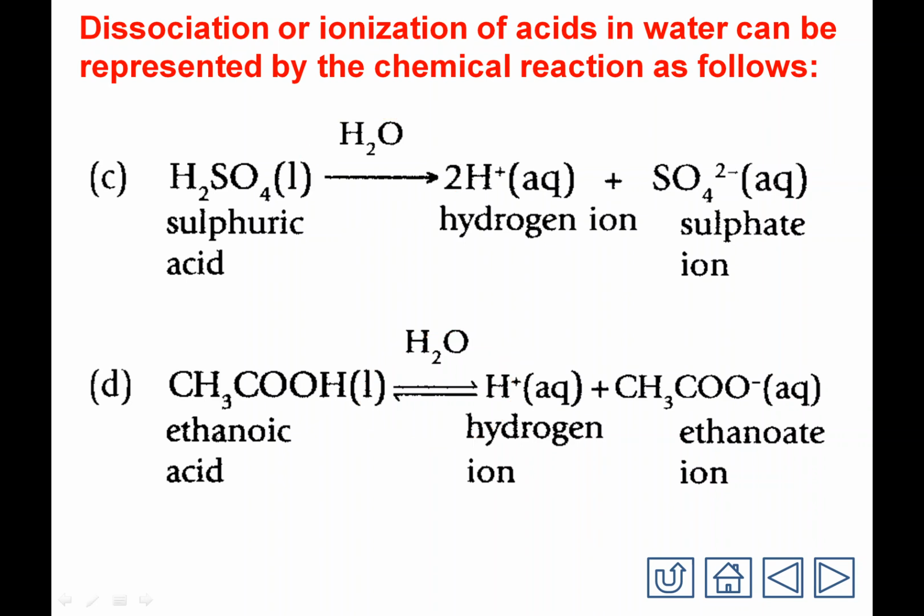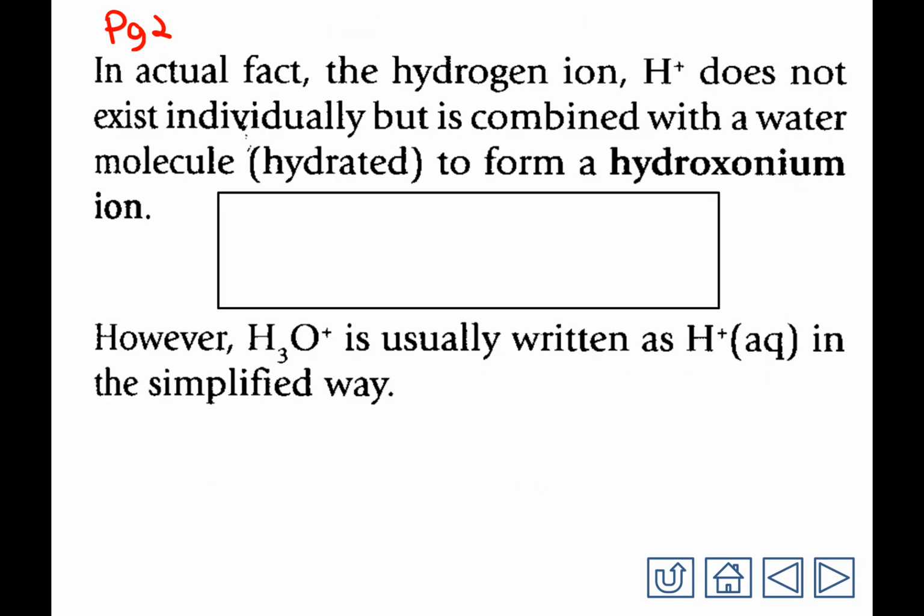If the arrow is just one way, one way means it dissociates completely. All the molecules dissociate completely in water. What does the arrow with 2 directions mean? They dissociate partially. Some dissociate and then join back again; some dissociate, some do not. So ethanoic acid partially dissociates in water, and even if it dissociates, it may recombine. Finally it produces hydrogen ion. So this is the meaning of acid.